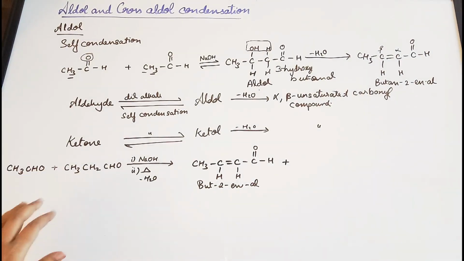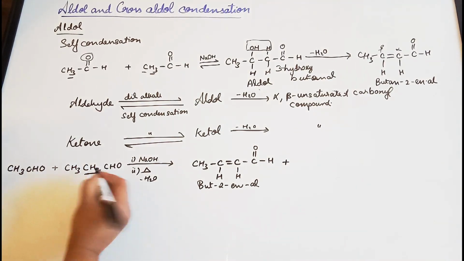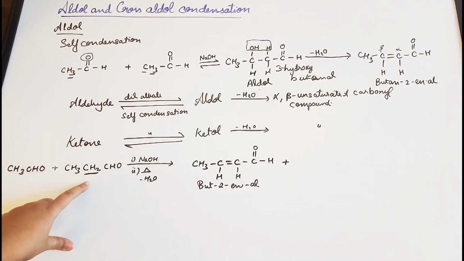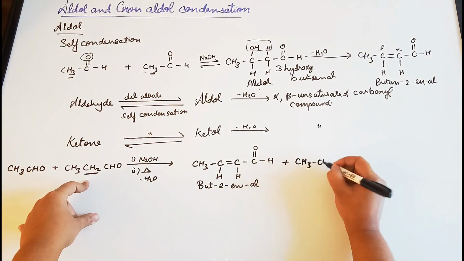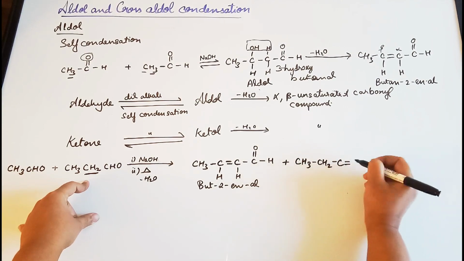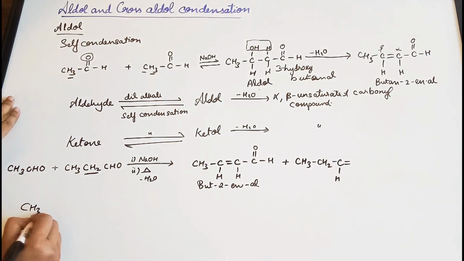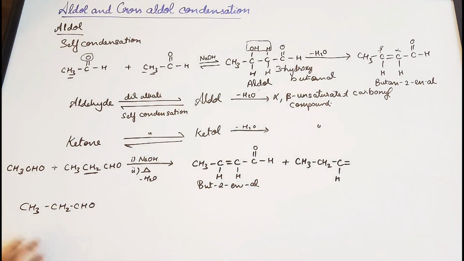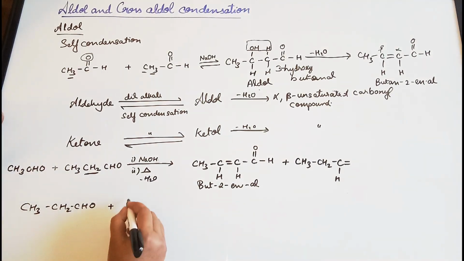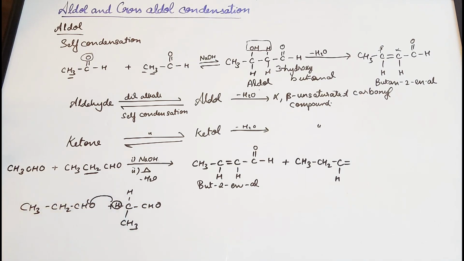So the second product which will be formed is with the propanal, right? So propanal, this is the alpha carbon atom. So to make things easy, let's write it like this: CH3CH2CHO. Okay, this will be the first aldehyde compound. The second one is going to be CH3CH2CHO. So this is going to react with this.